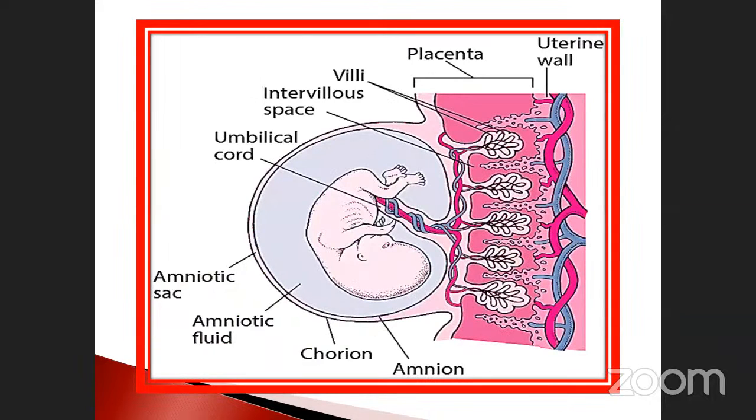See here, this is called the uterine wall. This part is called the placenta, and the finger-like projections are the villi. There is an intervillous space here. This is the umbilical cord. This is the amniotic sac, and inside it there is amniotic fluid. The chorion is the outermost layer. In between the amniotic sac and the chorion there is a space.